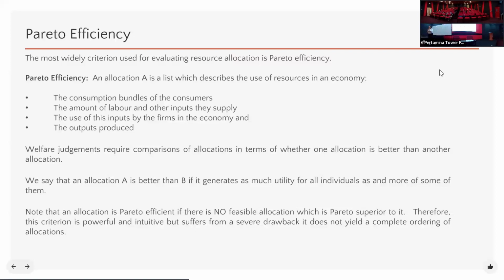All the marginal rates of substitution. Moreover, for all the industries, all the marginal rates of transformation for all the industries j are the same, are equal to each other.